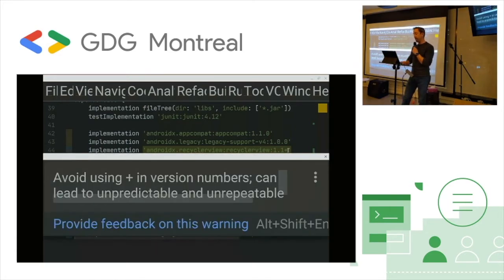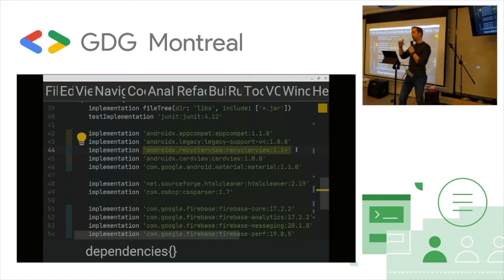The other thing is every 24 hours when you try to build your project, Gradle is going to try to update all the versions and make sure that it works. And most of the time it's just going to do network requests for some reason. And if you have multiple pluses, then it has to check if they all match.